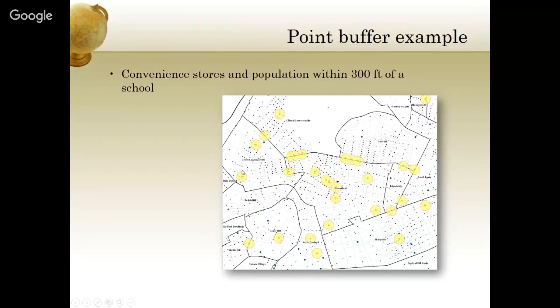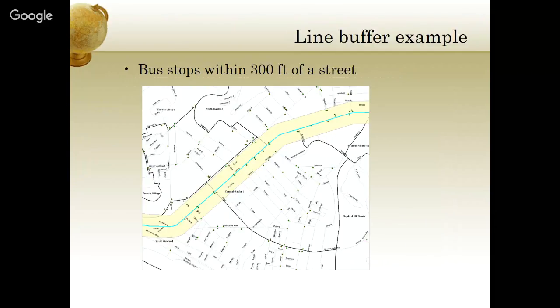So some examples of why we want a buffer: we can generate areas near schools and say quantify population around each school, or look at how many convenience stores are next to each school to figure out where all the kids are getting their junk food. We can buffer our streets and try to identify, say, homeowners or utilities or bus stops that are within some set distance of that street.